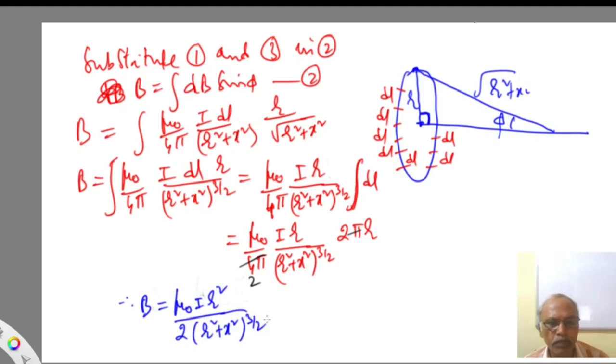This is the final formula for the magnetic field on the axis of a circular loop.